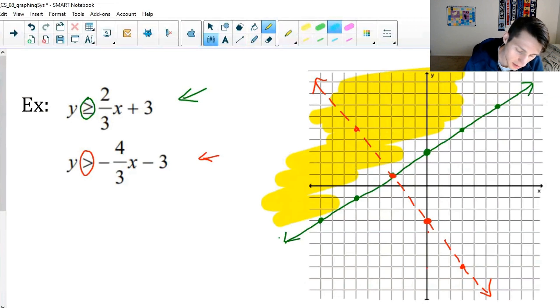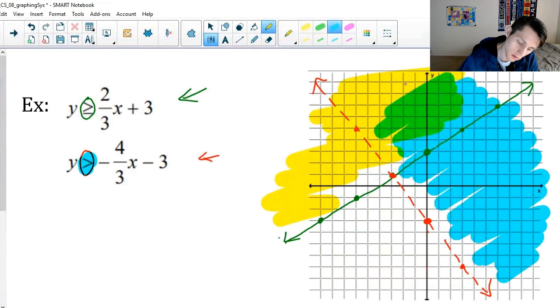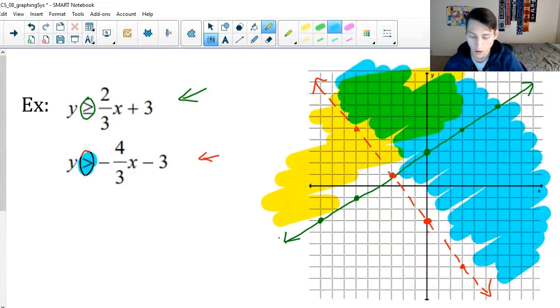And then I think about the second equation, which tells me also, since it's greater than, we want to shade above the red line. So above the red line would be all this. Okay, but so when we're thinking about graphing the system, I don't want to shade all of that.